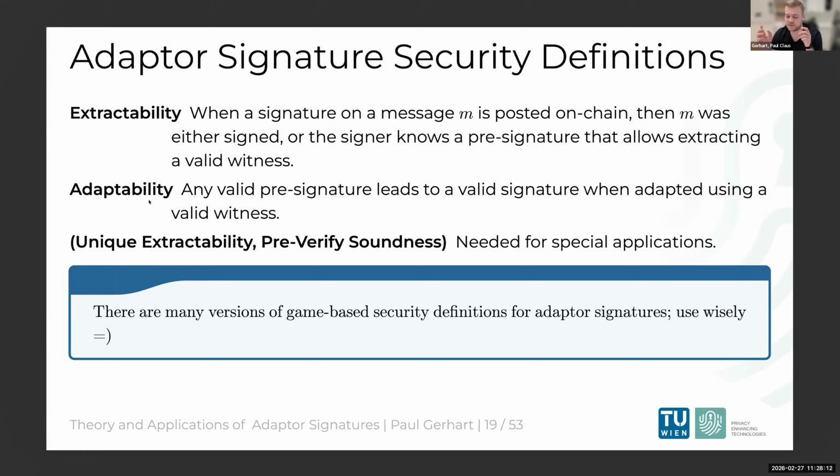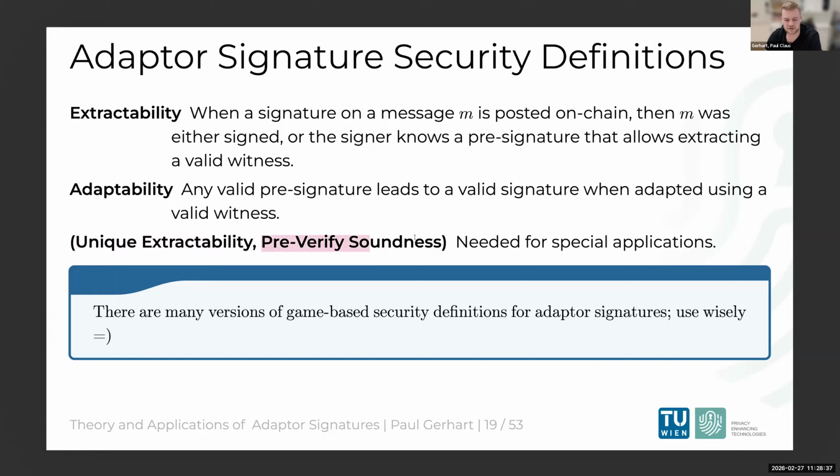Because then you count how many challenges you learned, how many help oracles you used, and then the proof works. So for coin mixing, you need extractability so that you don't learn two witnesses. But if you are going for a payment channel, for example, if you learn a second witness Y prime, nobody cares, because you need to provide one single witness for this statement, but not two or three.